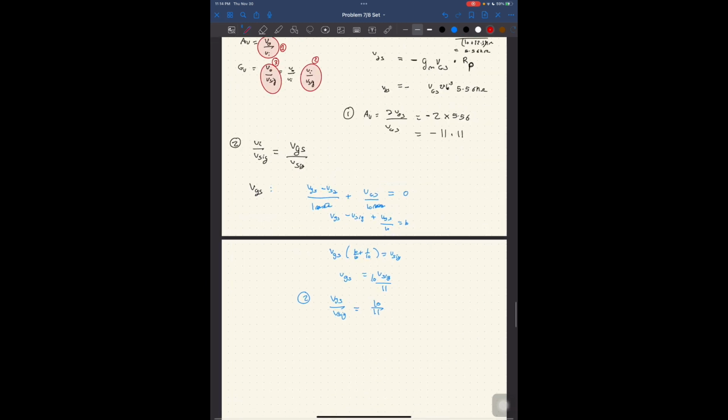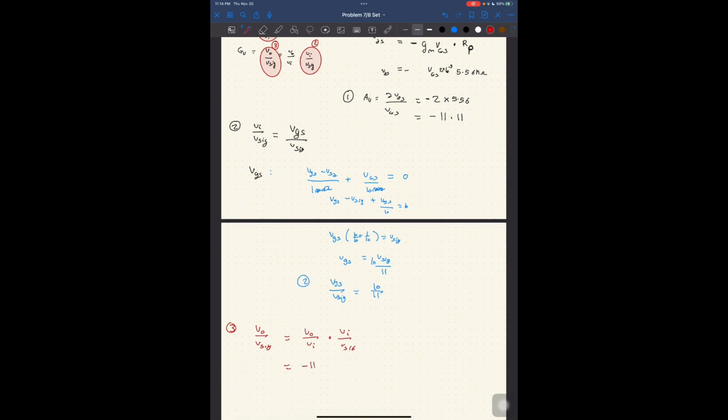And finally, step 3 is VO over VSig, which is equal to VO over VI times VI over VSig, which is equal to minus 11.11 multiplied by 10 over 11.